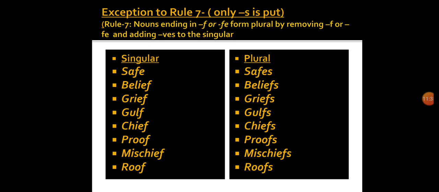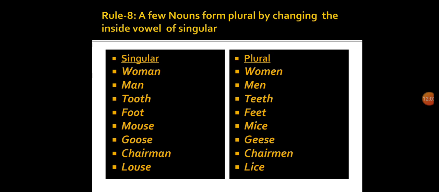Similarly, belief, beliefs; grief, griefs; gulf, gulfs; chief, chiefs; proof, proofs; mischief, mischiefs; roof, roofs. So you have to keep in mind the exceptions to the rules. That would be very helpful for you.